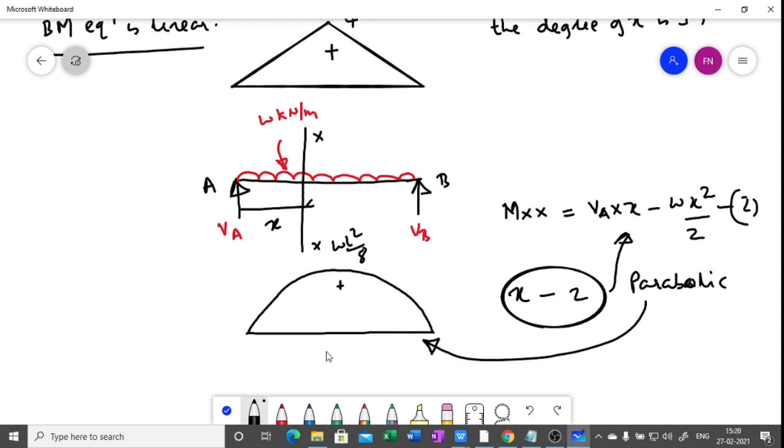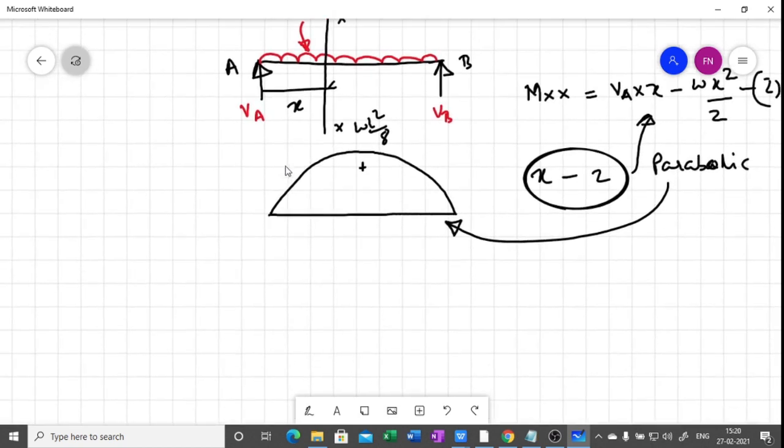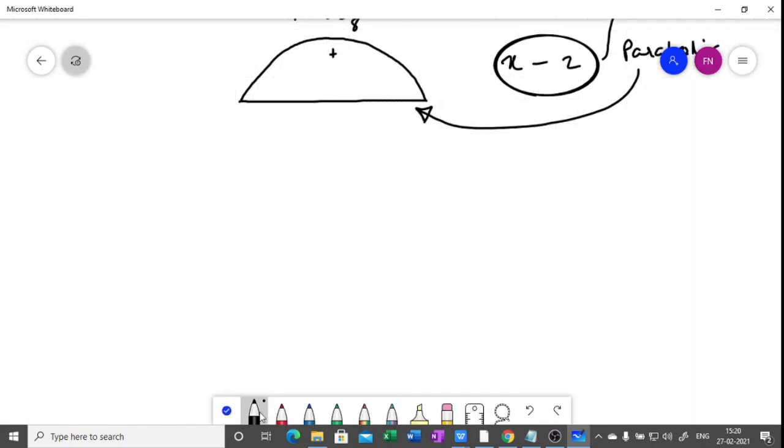So this is the reason why in some cases the bending moment diagram is linear, and at times the bending moment diagram is parabolic. Now we will take the example of cantilever beam. Cantilever beam is subjected to UDL over the entire span.